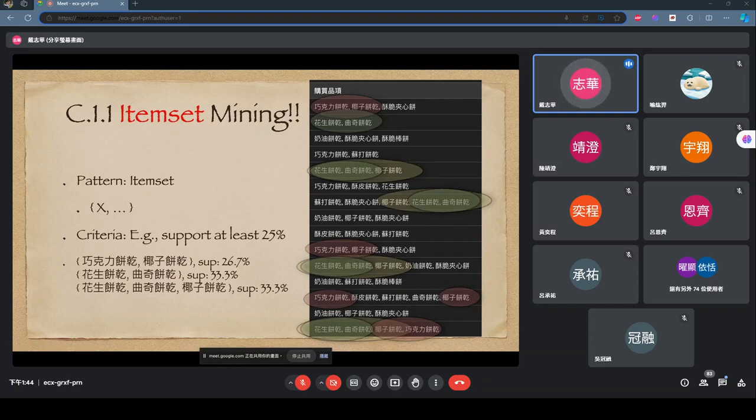You need to draw the draft, what is called the pattern. Here we define the pattern as an item set. And then what items are in the item set, you need to leave those details to the data. So we define pattern as an item set. So pattern mining now is the item set mining.